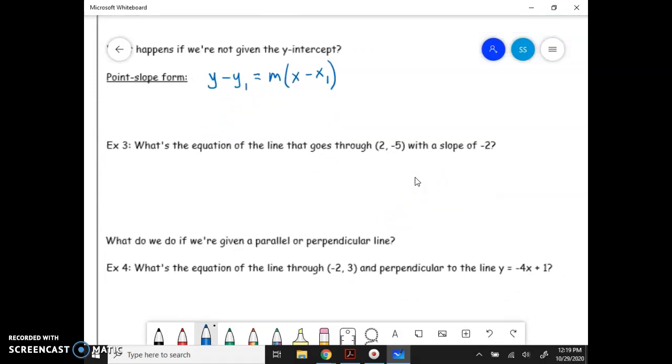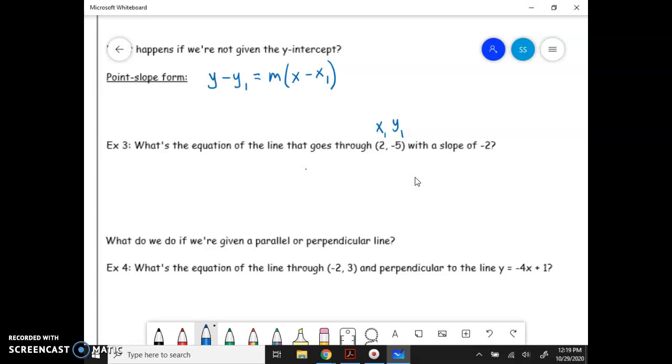What is the equation of a line that goes through the point 2, negative 5 with the slope of negative 2? All right, well, we've got one set of points, so I'm going to call this my x1, y1, and then I just go ahead and plug it into the equation.